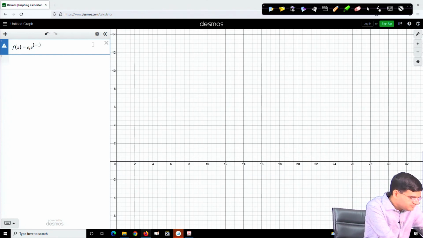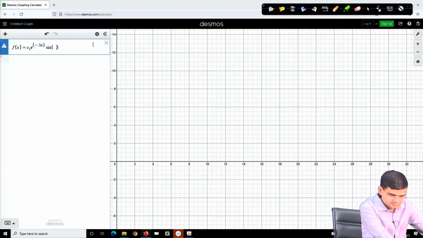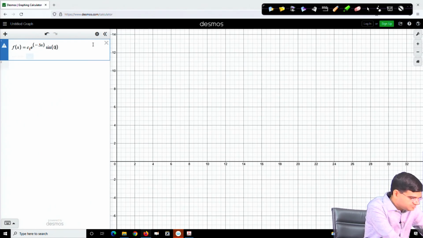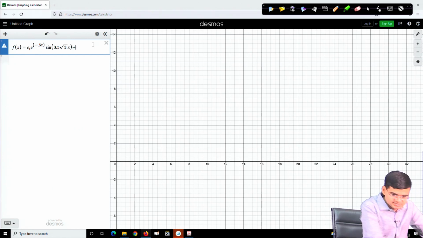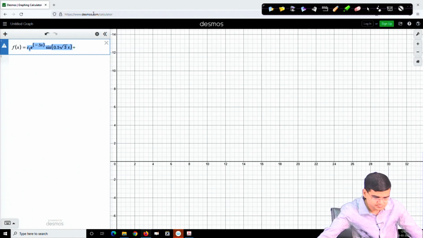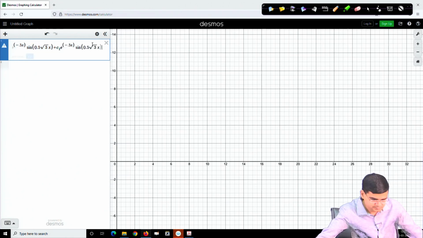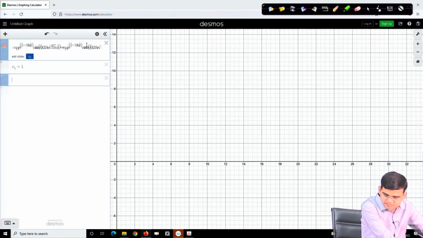So, minus 0.5 x times sine 0.5 times square root of 3 x plus a very similar quantity here but this would be cos.